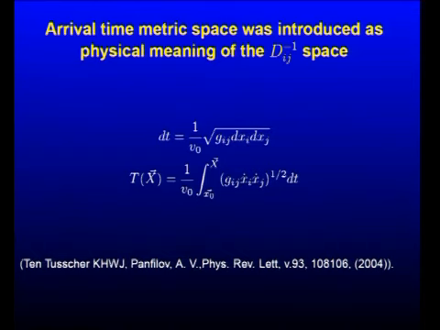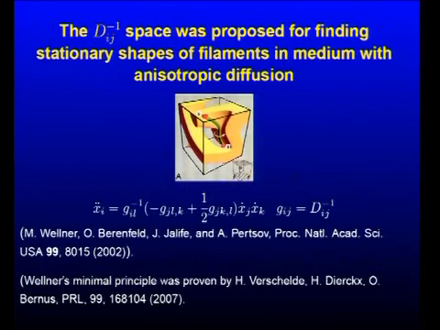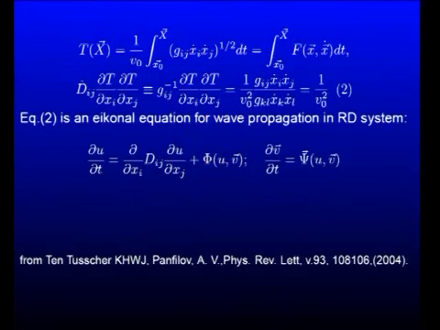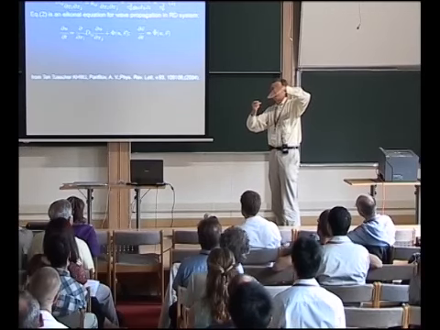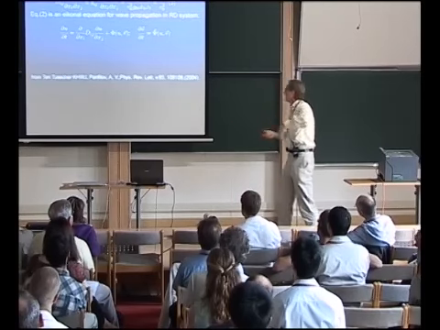This arrival time space was used in our PRL 2004 paper, but actually it was nothing else than an interpretation of the so-called D-1 space, which was introduced by Marcel Wellner in order to study dynamics of stationary shapes of filaments in anisotropic cardiac tissue. It was a conjecture, and by the way, this principle was later proven in work by Verschelde, Dierckx, and Bernus in 2007.